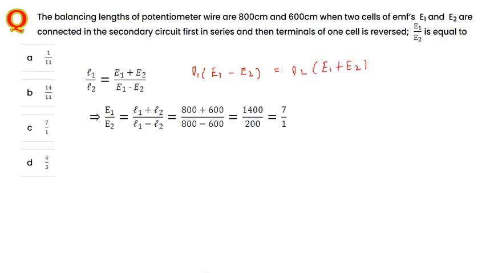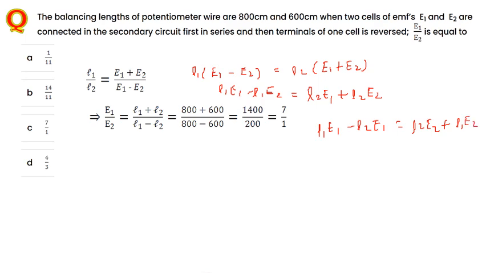Now you cross multiply this, and take E1 out. L1E1 - L1E2 will be equal to L2E1 + L2E2. Now take E1 on one side: L1E1 - L2E1 will be equal to L2E2 + L1E2.